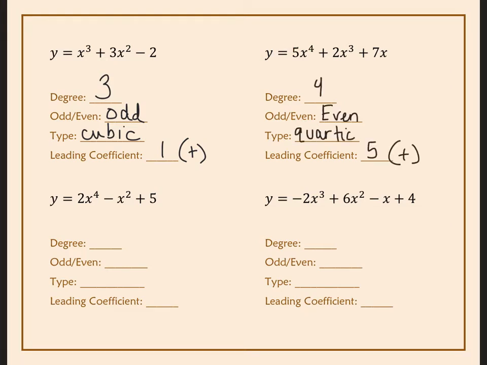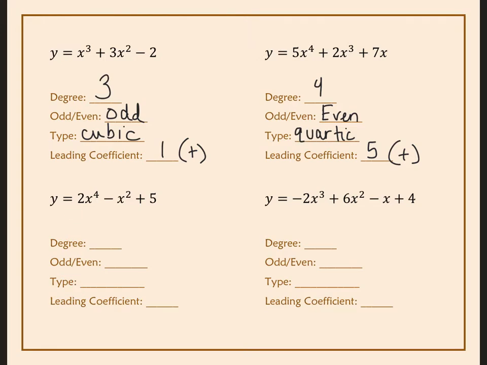Okay. For the next problem, is this in order? Yes, this is in standard form. So my highest exponent is a 4. So this is the fourth degree. 4 is even. If it's a fourth degree, the type is going to be quartic. And what is my leading coefficient?